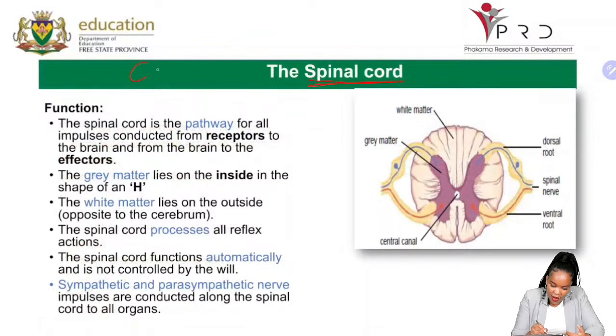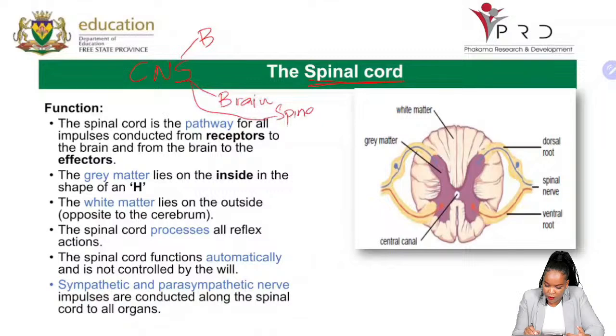We said the central nervous system consists of the brain and the spinal cord.